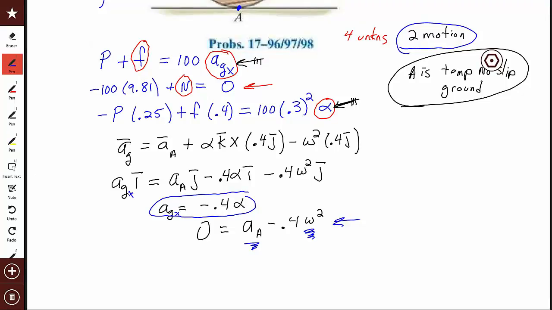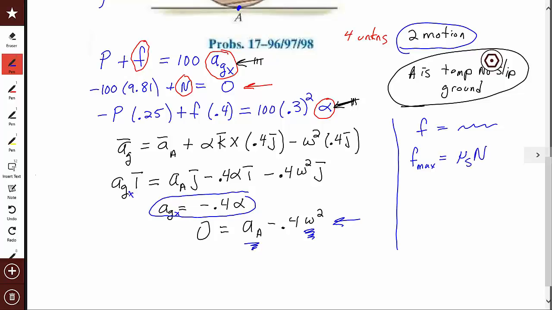Now, how will you know if your assumption is valid? Well, what you're going to do is calculate the friction. Friction is, and you're going to get a number. And then you're going to write what is the maximum friction. The maximum friction that you can get is mu s n. Then you're going to take the absolute value of F, because the only thing the negative sign tells you is that you drew it in the wrong direction.